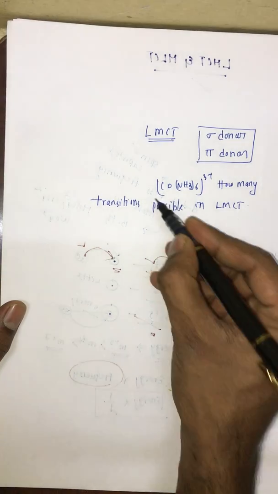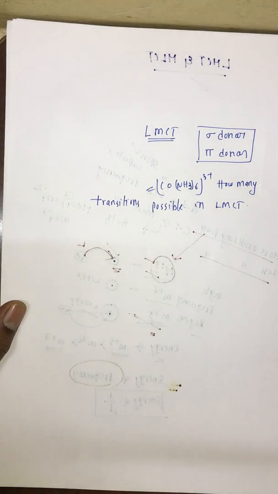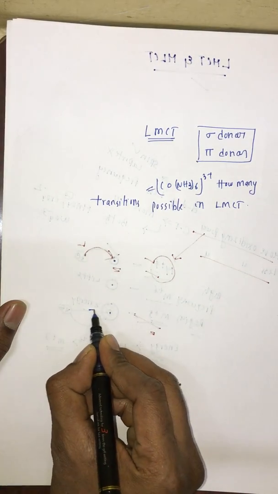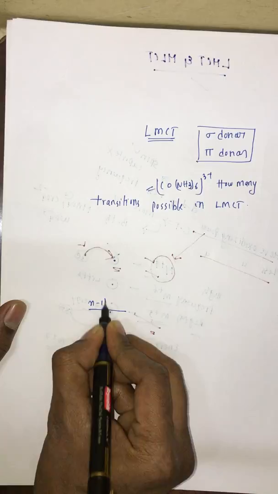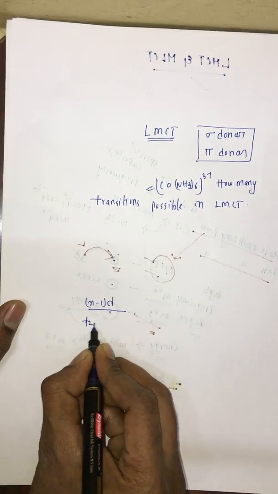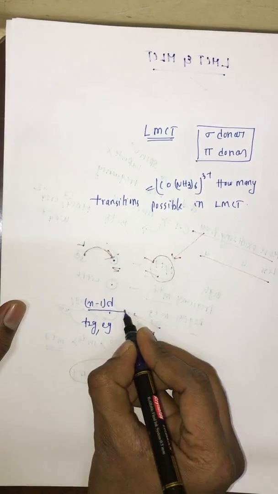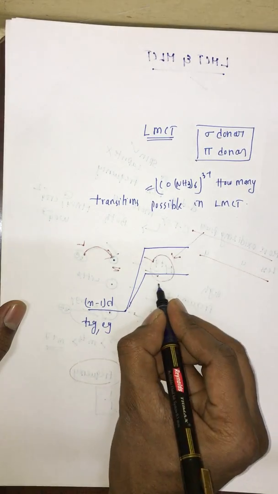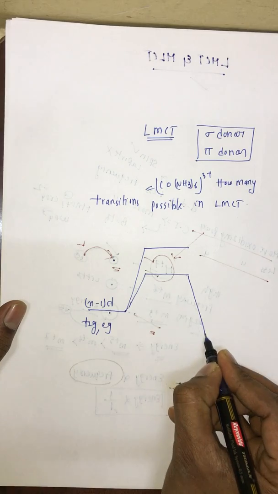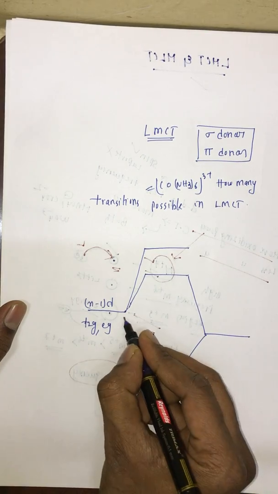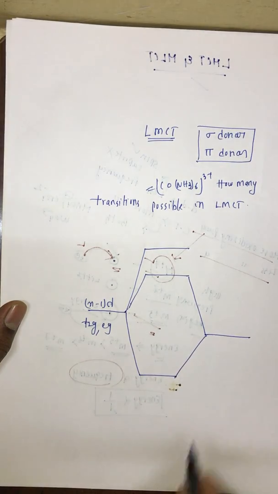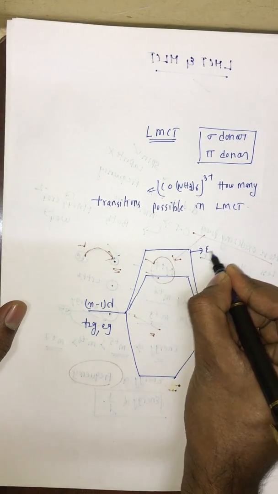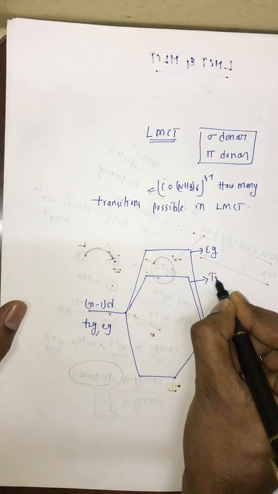If you want to answer this kind of question, you need to know the MOT diagram. The MOT diagram looks like this. This is the n-1 d orbital, that is T2g and Eg. This is T2g, this is Eg, and this is T2g.